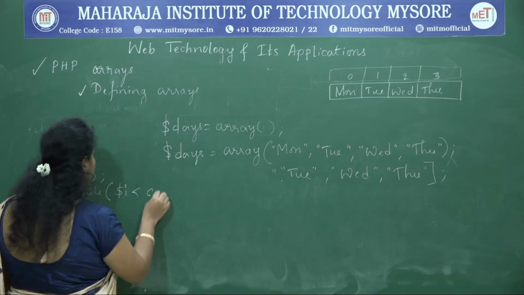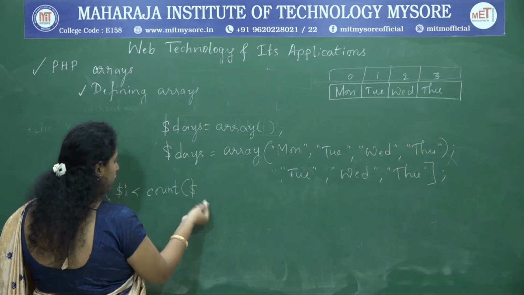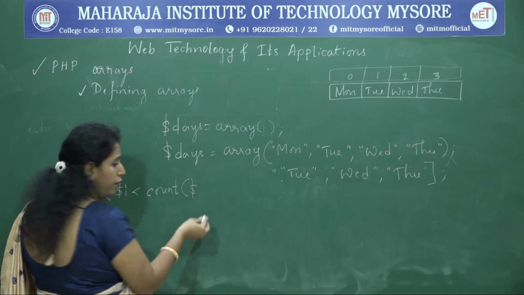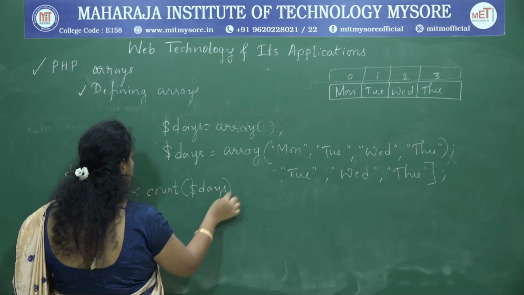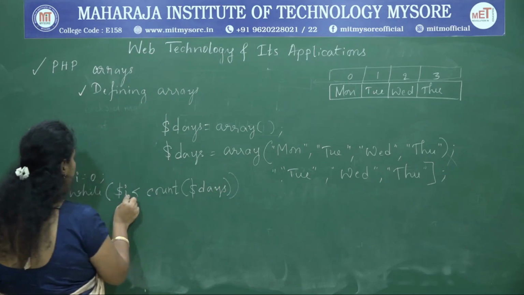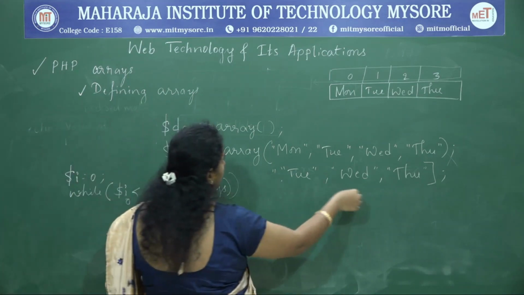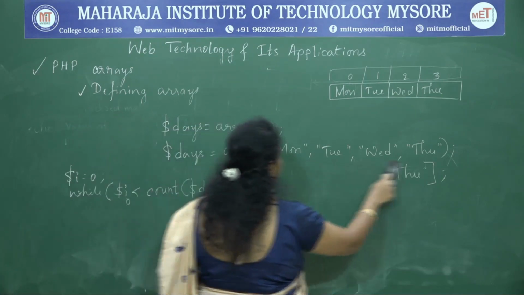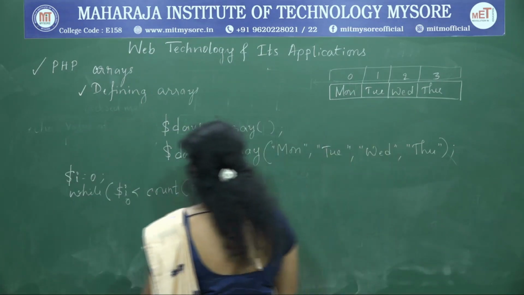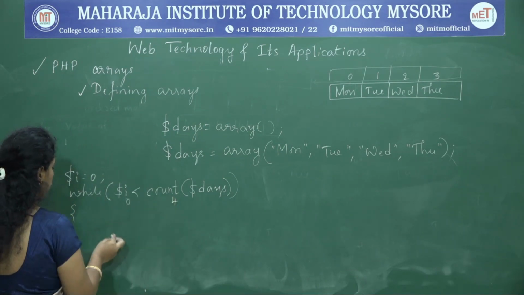So, better to take the count function, which counts the size of an array, which finds the length of an array. Which array you need to specify. So, I is 0, count of this. What is the length of this array? 4, right? So, 0 less than 4, true.